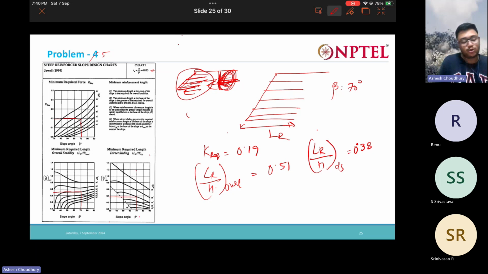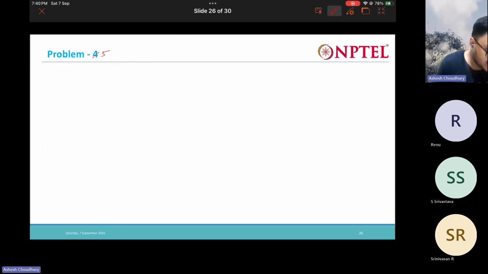Now what we need to finalize is the spacing. So how to finalize the spacing?